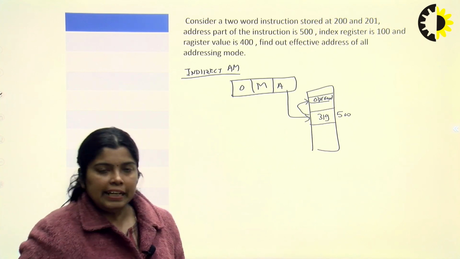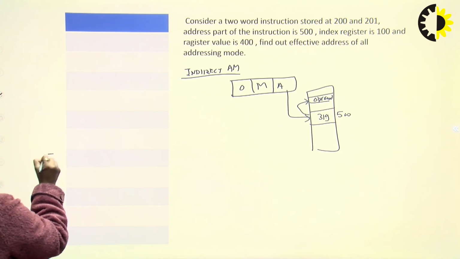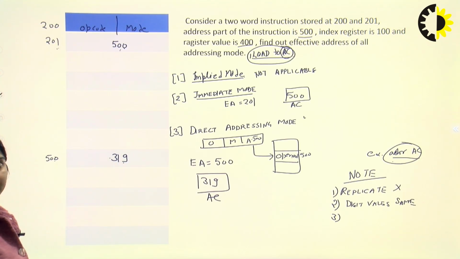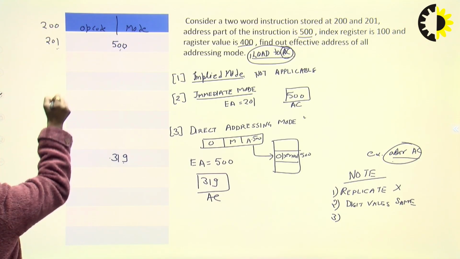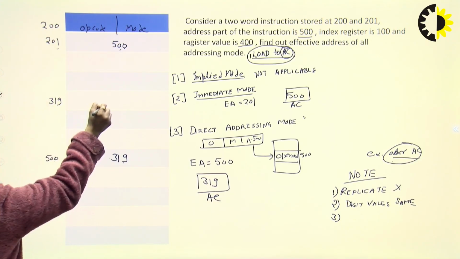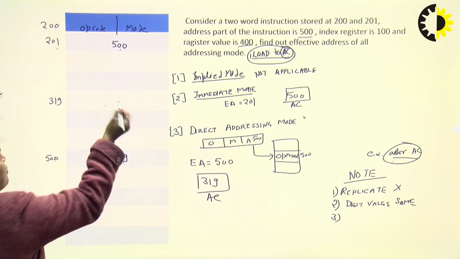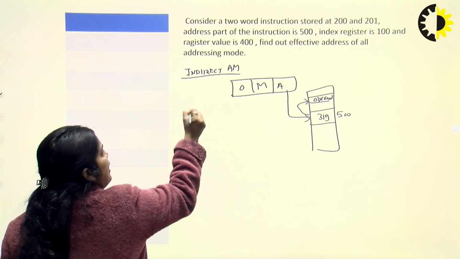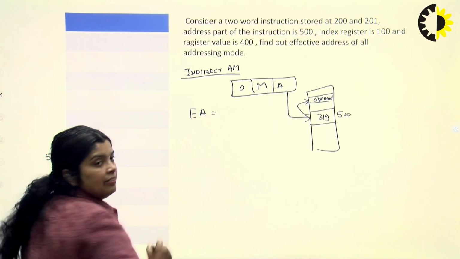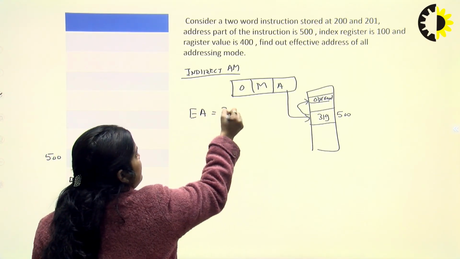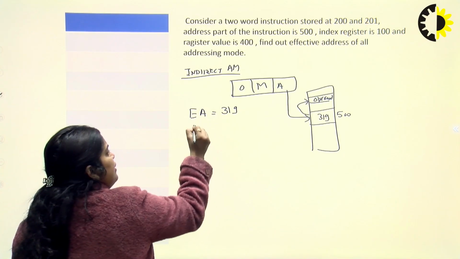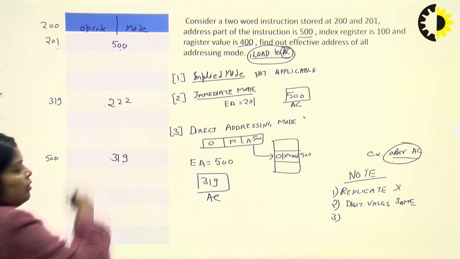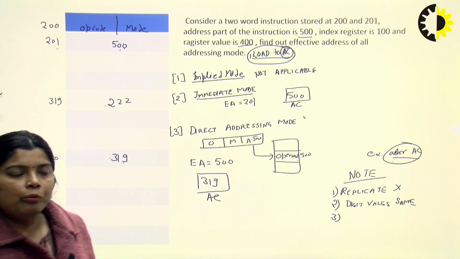That is called the indirect addressing mode. At 319 there is some address, suppose 222. It means the effective address is 319, and in the accumulator, 222 is stored, which you are going to assume.